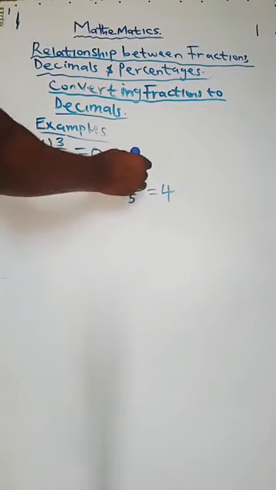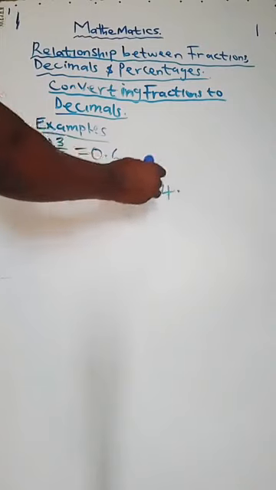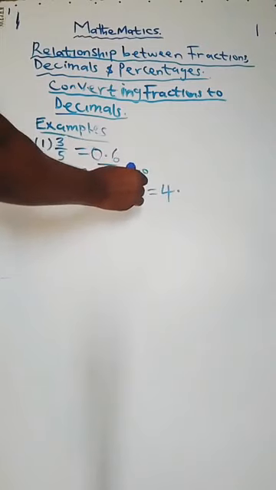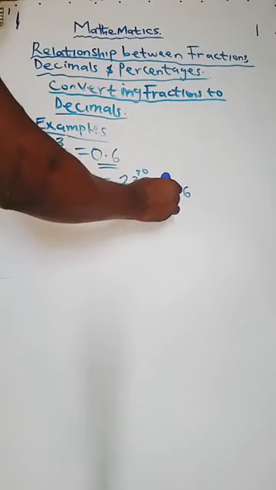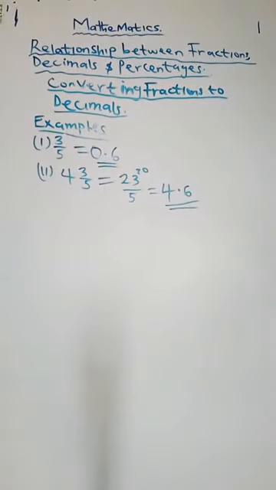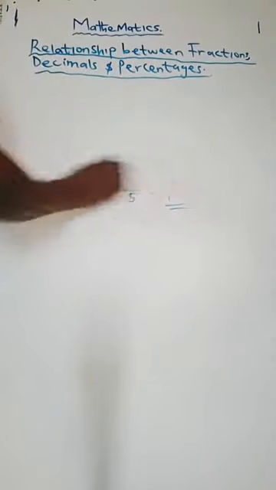So 5 in 3 is not possible. Put point here. Then we'll add 0 to this. Then 5 in 30, that is 6. So 4 whole number 3 over 5 is the same thing as 4.6 in decimal. So that is how to convert fractions to decimals. Just follow these steps. Then you understand how to convert fractions to decimals.